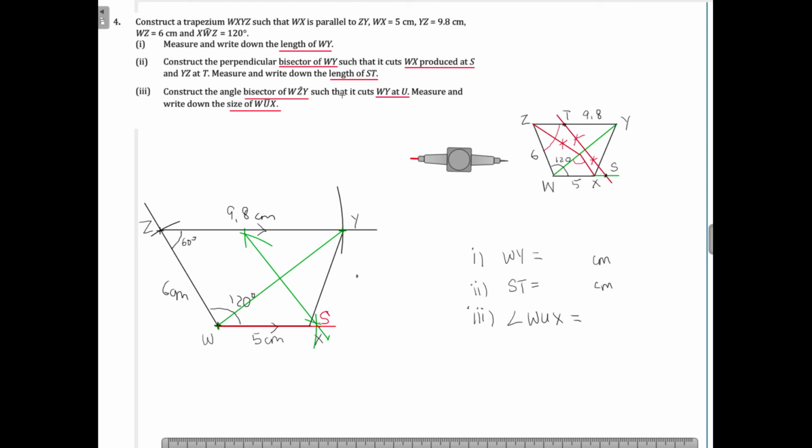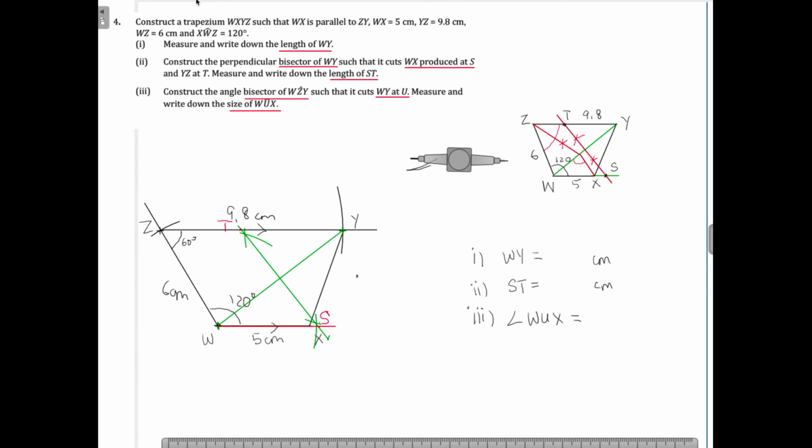Measure the length of ST. And T is the extended point, T is here. So we have to measure the length of ST. To measure the length, we use the compass.